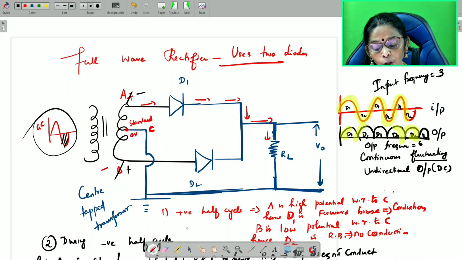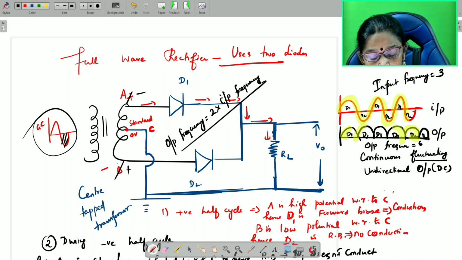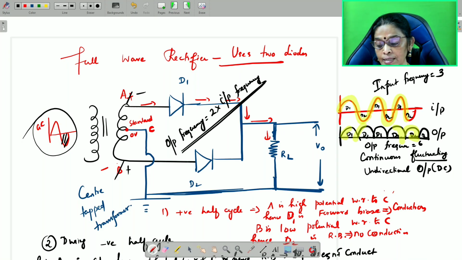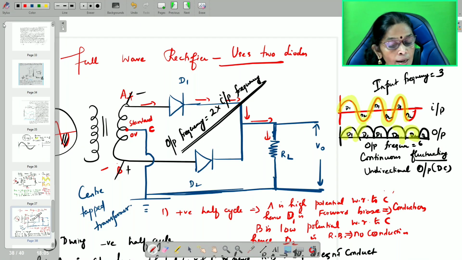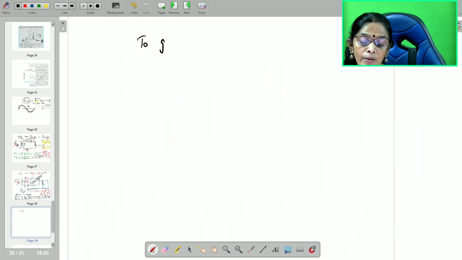So what do you conclude? Output frequency is equal to 2 times input frequency. Whereas in the previous case, output frequency is the same as input frequency, but here this result is different from the previous one. The last one, now in order to get smooth DC output, use a filter circuit.